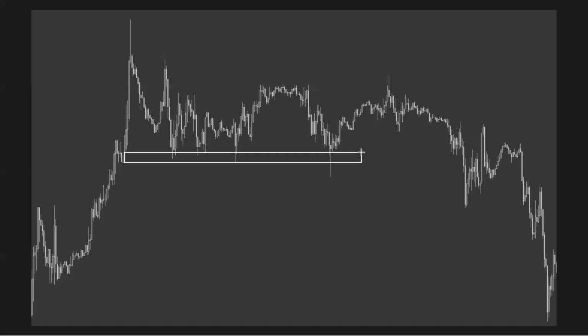But what happens each time that area gets tagged? The buy side liquidity gets consumed, and so if you're planning on taking a long off that base, then the highest probability long is to trade the first or second time back, because it's fresh or untested.